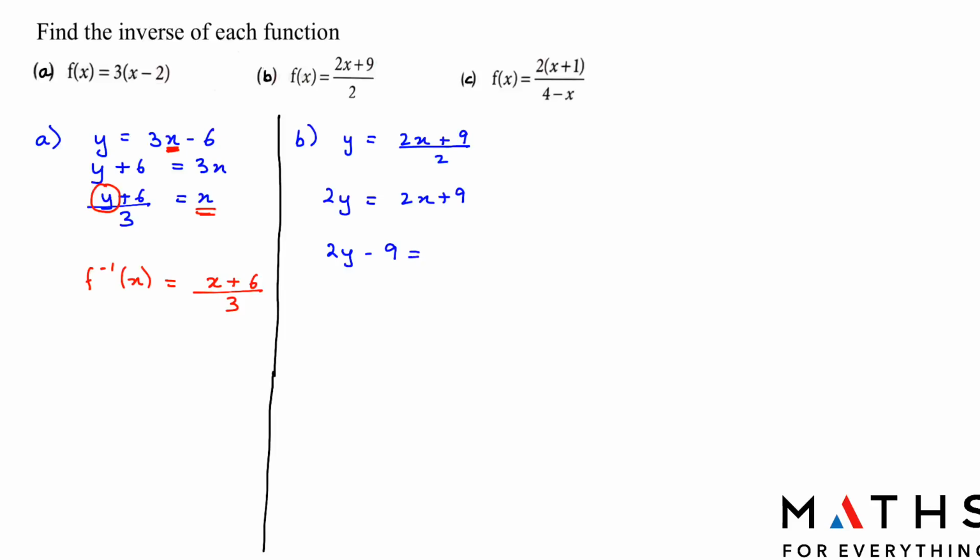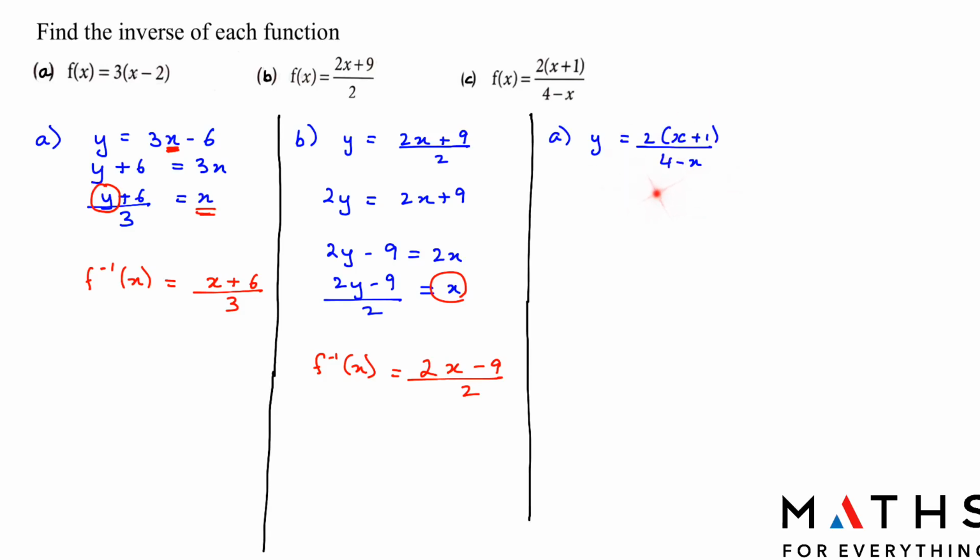It will become 2y minus 9 is equal to 2x. And then the 2 with the x, we can write it in the denominator. Now that our x is by itself, in place of x, what are we going to write? F inverse x. And in place of y, we are going to substitute x. So 2x minus 9 over 2 is your answer.